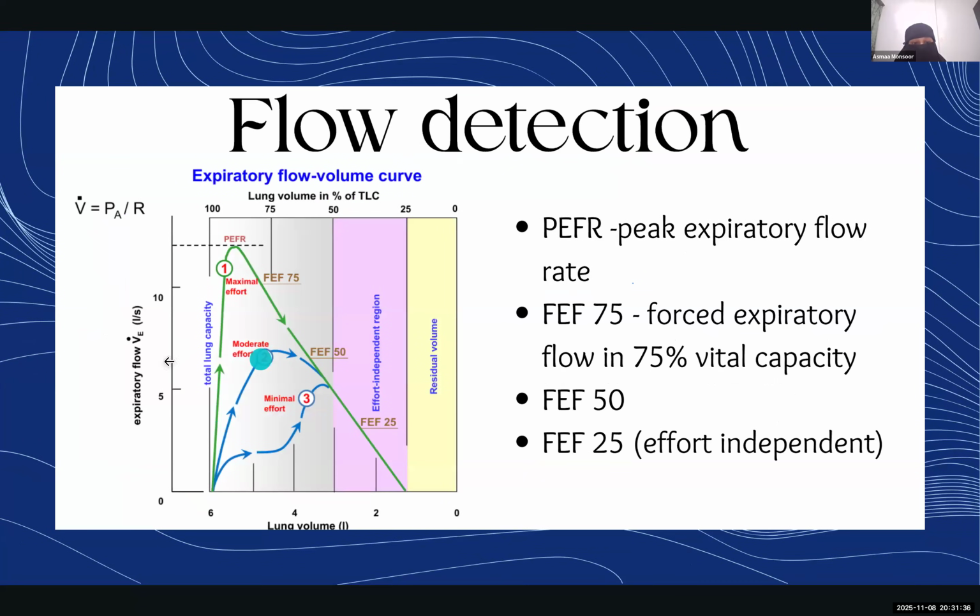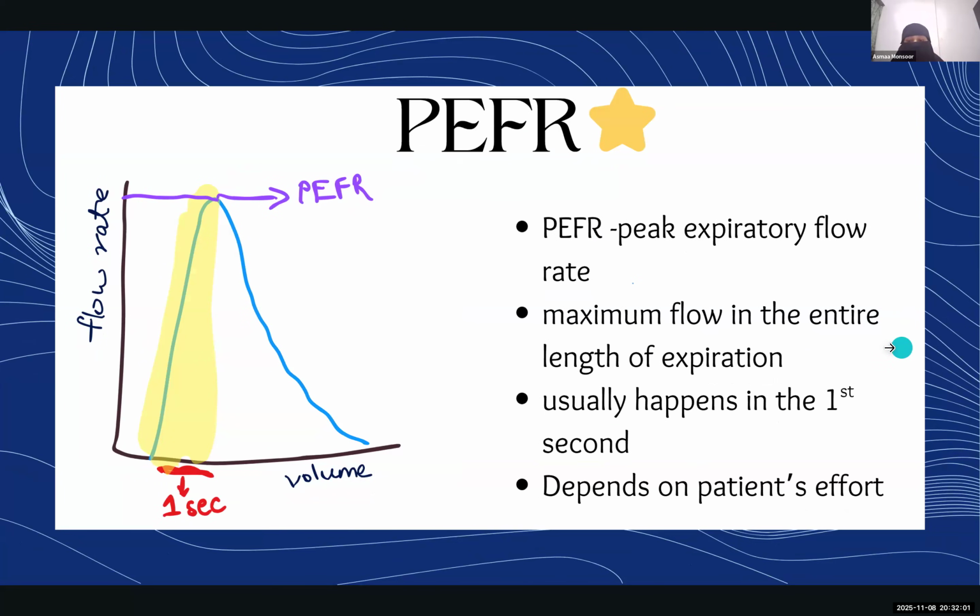My maximum is only going to reach up till here, whereas if I put in my full effort, it's going to reach high. So the peak expiratory flow rate is dependent on how much effort you're putting into exhaling. Did you guys get that? I think it's a bit easy to understand this.